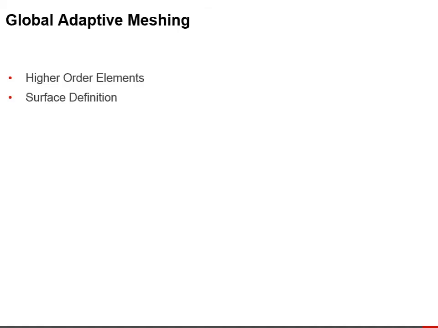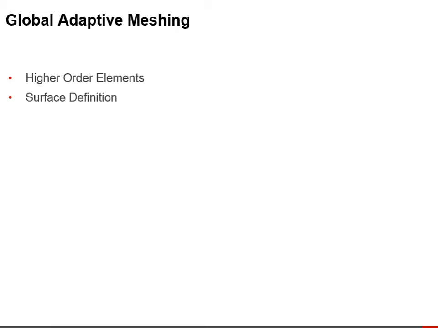So in the area of adaptive meshing, or I should say global adaptive meshing, two things have been done. One is more noticeable than the other, namely you can now do global adaptive meshing with higher order elements. This is very useful in problems where we have thin structures where really we don't capture the bending behavior very well with lower order elements, or in problems where we have a thermal situation and thermal stresses and thermal strains are taken into account better, more accurately with higher order elements.